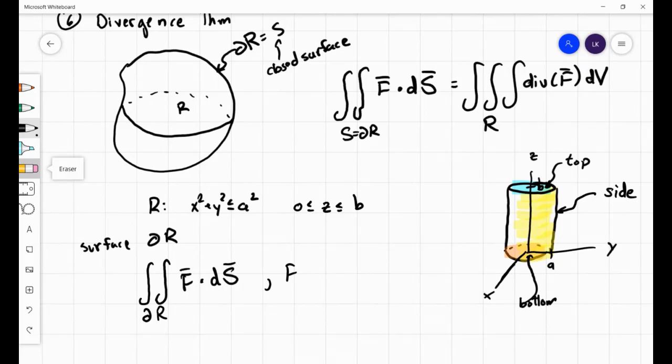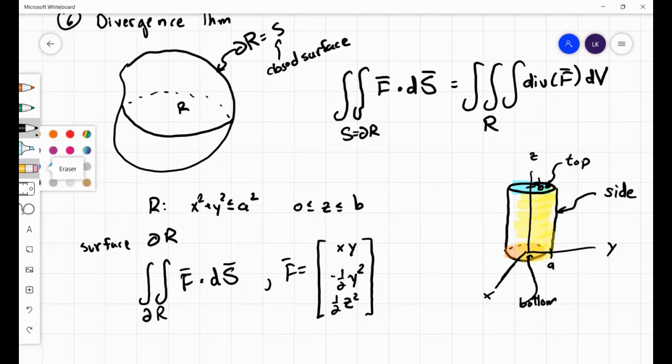Let's say our vector field is given by this. First of all, you could compute the flux through the surface directly, except you have to break it up into 3 separate integrals, correct? Because you had to integrate over the top, the bottom, and the side.